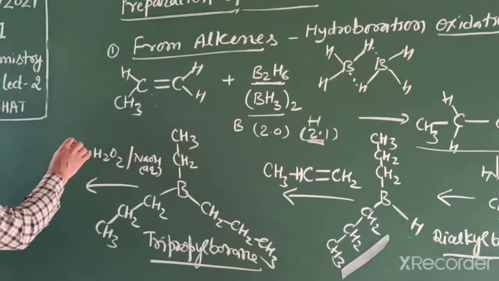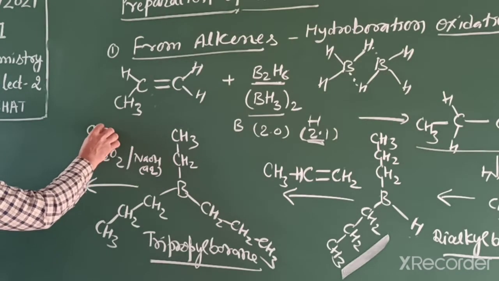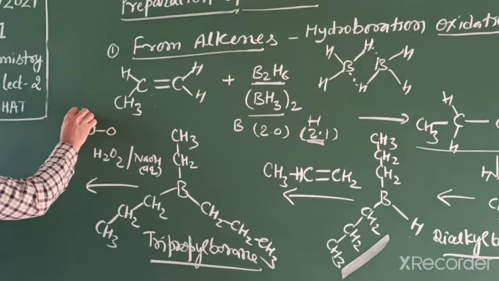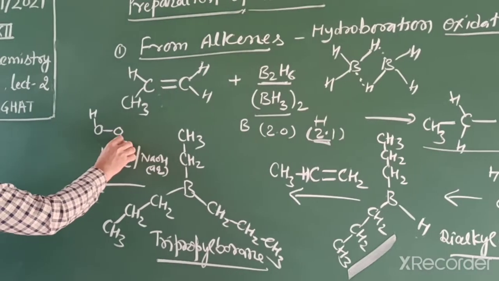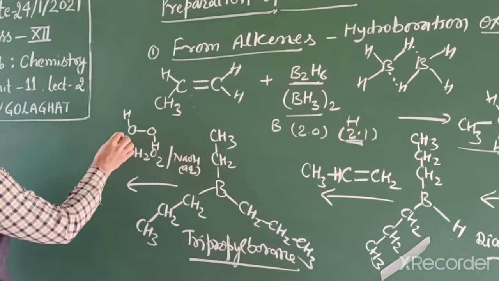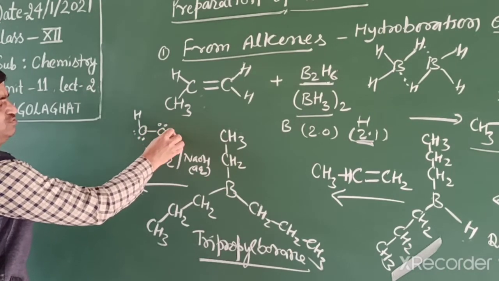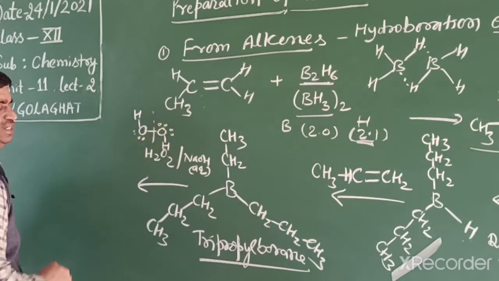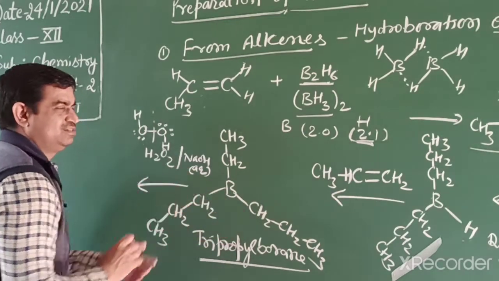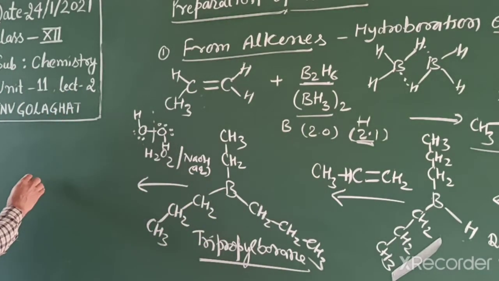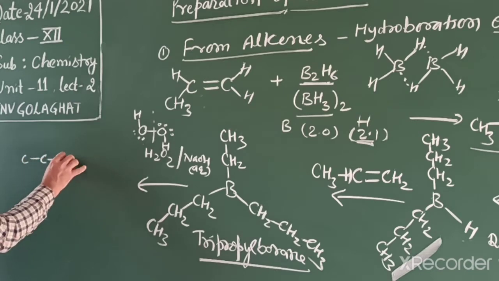We know students the hydrogen peroxide structure also. Hydrogen peroxide structure is chair shaped, like this. So in this, the bond dissociates and the addition reaction occurs and we get the alcohol, like this alcohol.